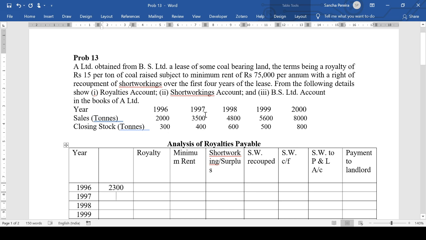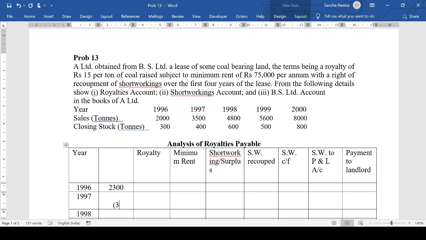Is this clear, everyone? Why am I minusing this? Because in 1997, when you're selling, you won't only sell what you raised this year, but you'll also sell the closing stock, what you had extracted. What are you going to do with that if you don't sell it? You also sold that. So when you're calculating the output here or how much is raised, it's going to be 3,500 minus 300 plus whatever is left this year, 400.